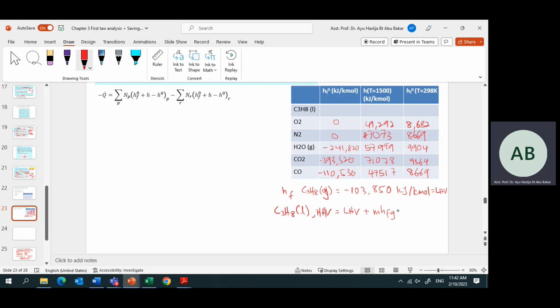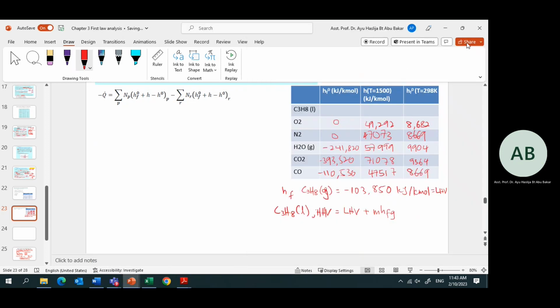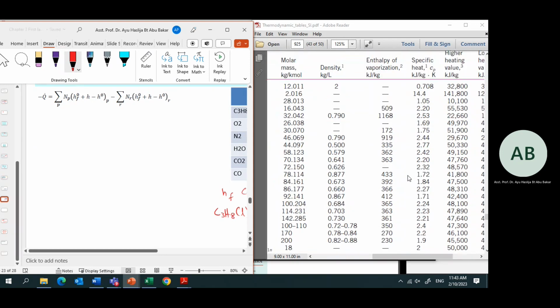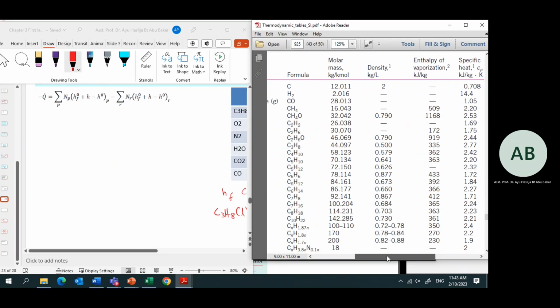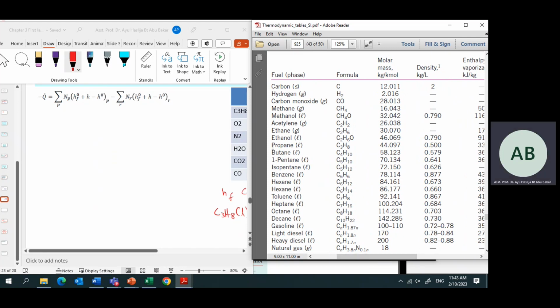and HFG of the propane. So where to get this info? From table A27. Propane. Okay, now it is in liquid. The phase here is liquid.